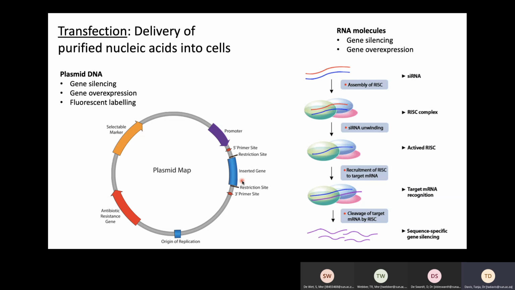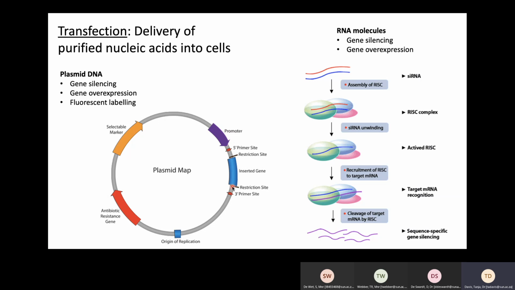But with plasmid DNA, you can also achieve fluorescent labeling. You can add a fluorescent marker to your plasmid, or have it tagged to the coding sequence of your gene of interest, and then you can actually map inside the cell where your protein is being localized. You can also label specific cellular compartments or just label the entire cell if you'd like.